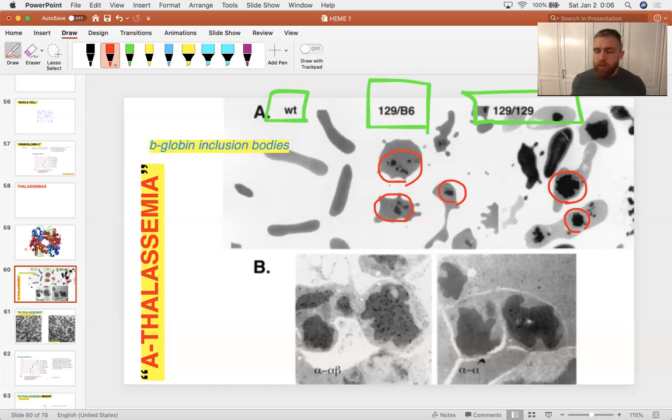Those precursors, if enough trash aggregates inside them, they'll just commit apoptosis. So you've got a hemoglobin deficiency, but stacked on top of that, you've got a slight hemolysis due to splenic sequestration of these circulating red blood cells, and then you've got ineffective erythropoiesis because whenever these inclusion bodies build up inside red blood cell precursors, they die.